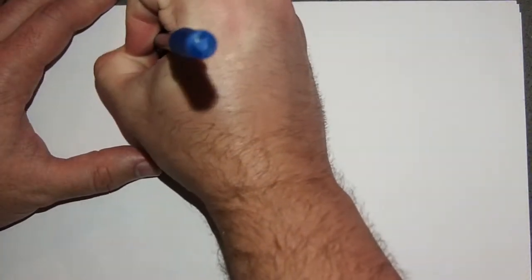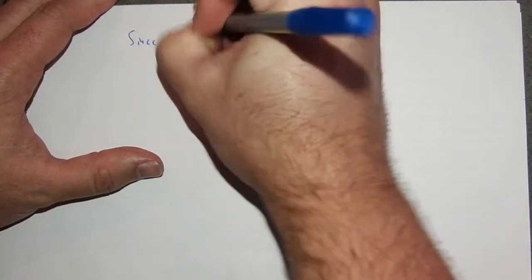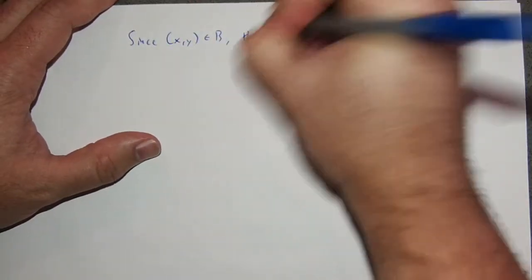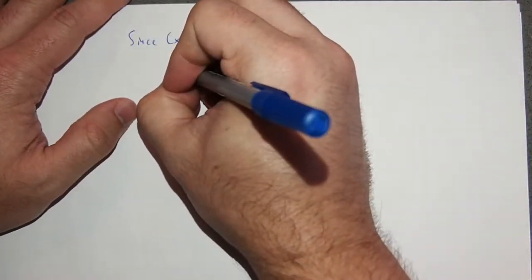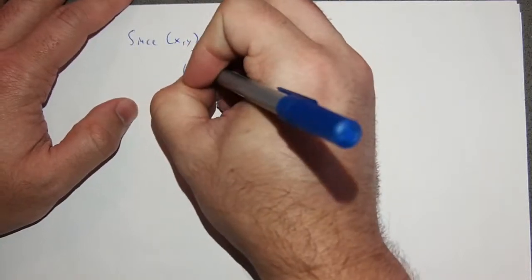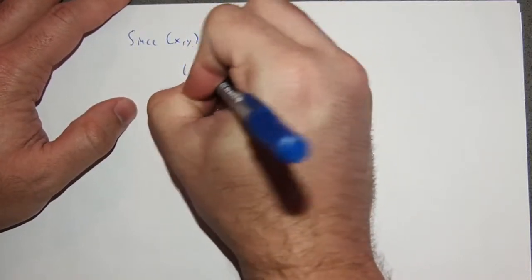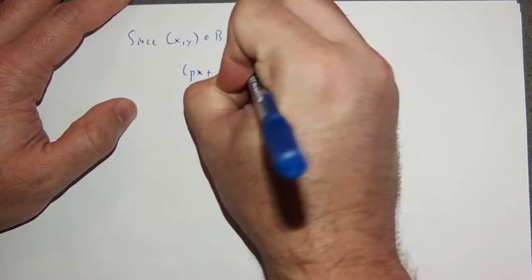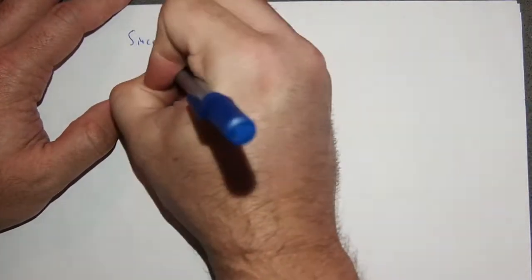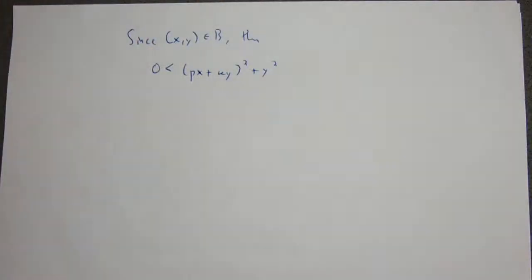So since (x, y) is in B, then (px plus uy) squared plus y squared is strictly greater than 0.